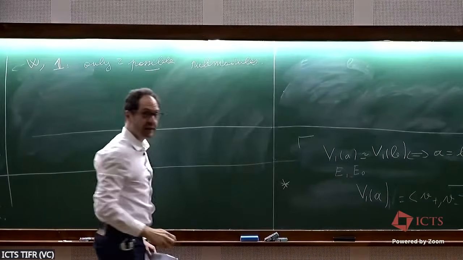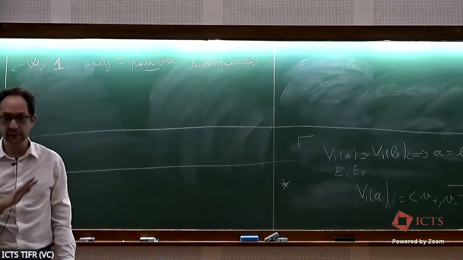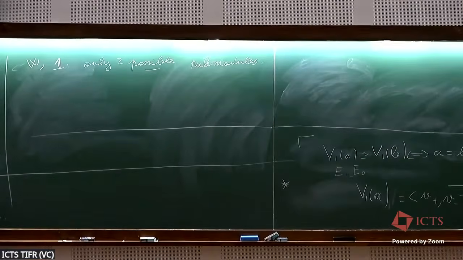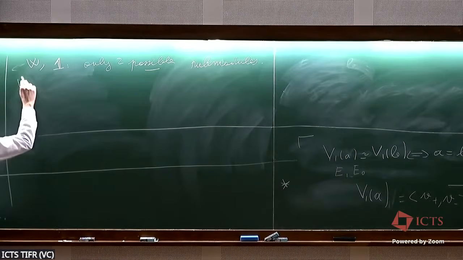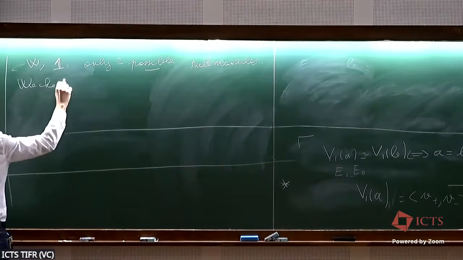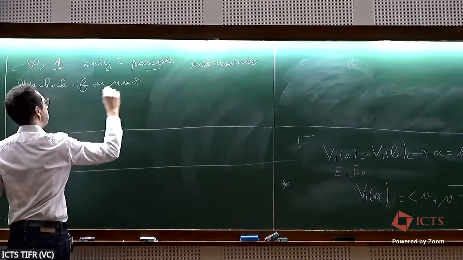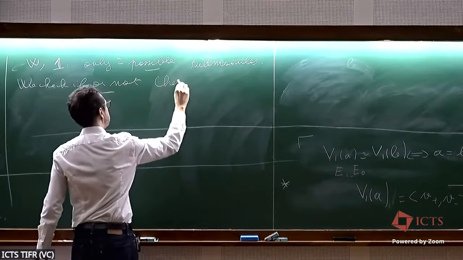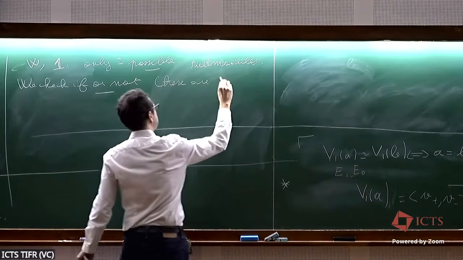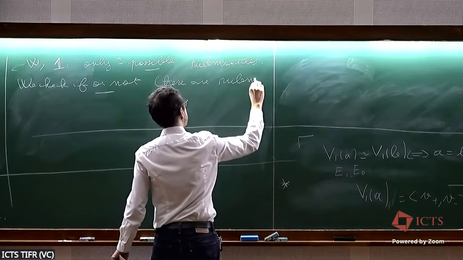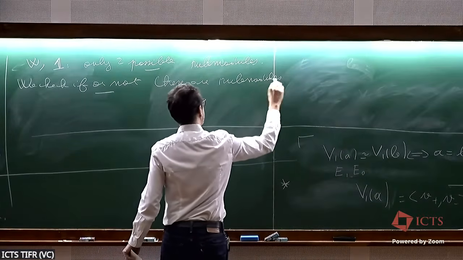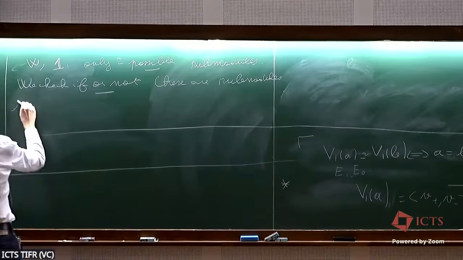Okay. In fact, most of the time they will not be submodules, but sometimes yes. So now let's look at both of them and ask the question: is it a submodule? So we check if or not these are submodules for the action of the whole algebra.